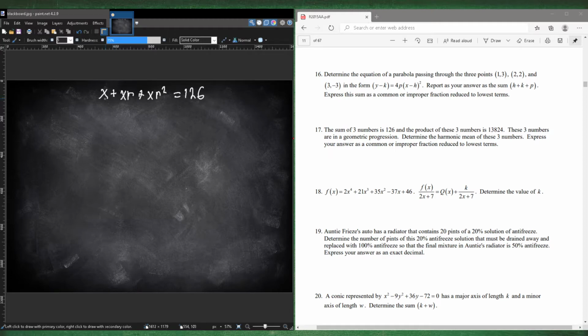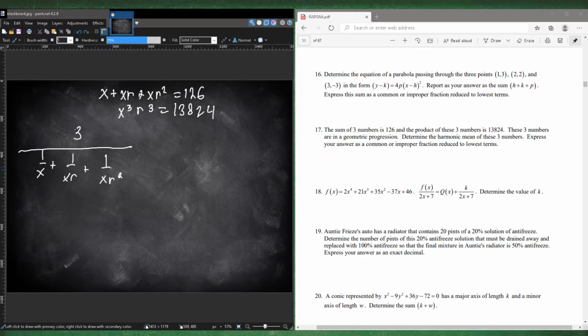And then the product will be x times xr times xr squared, which is x cubed r cubed, equal to 13824. Now, how do we get the harmonic mean? The harmonic mean is going to be the number of terms, which is 3, divided by the sum of the reciprocals. So it will be 1 over x plus 1 over xr plus 1 over xr squared.